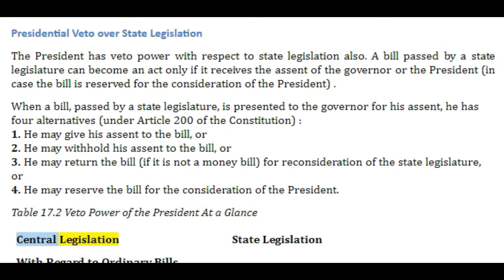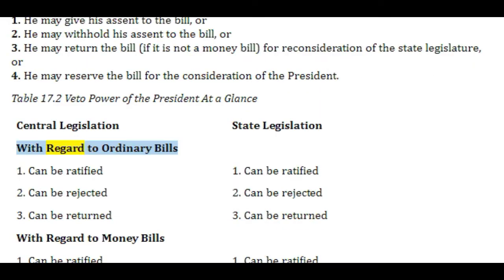Central legislation, state legislation. With regard to ordinary bills, 1 can be ratified, 2 can be rejected, 3 can be returned.